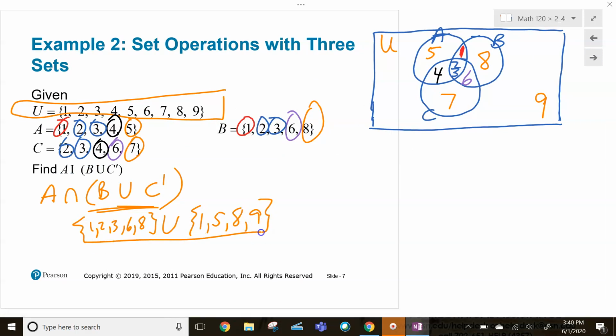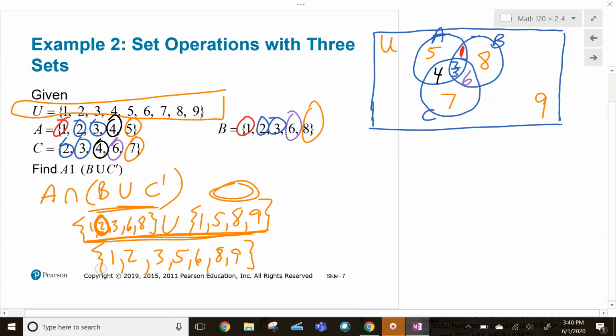Now I'm taking the union of these, so it's just got to be on one side or the other. So they're all in. 1's in, it's on both sides. 2's in, it's got to be here or over here, as again, it's just got to be on one side or the other because this is a union. 3, 5, 6, 8, 9. So they're all in over here. And now we're going to do the intersection with A. Well, A is 1, 2, 3, 4, 5.